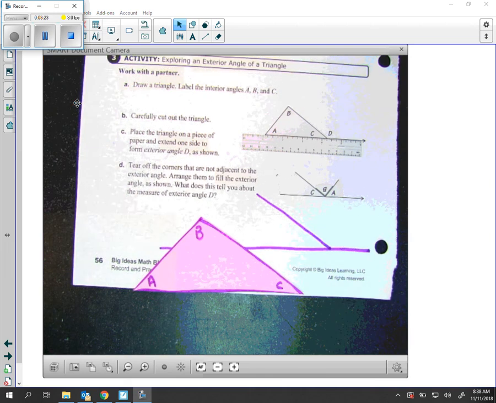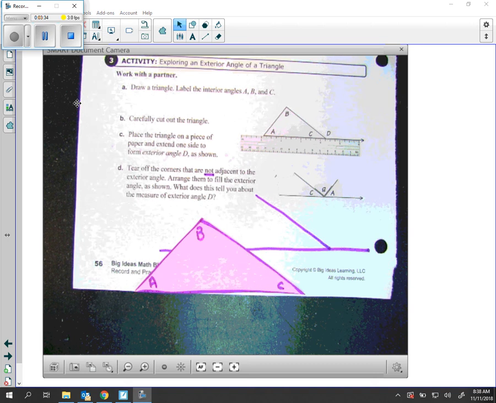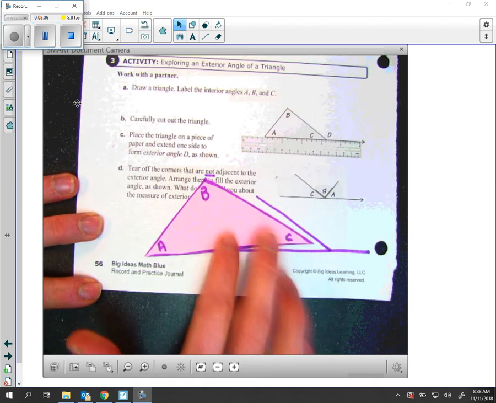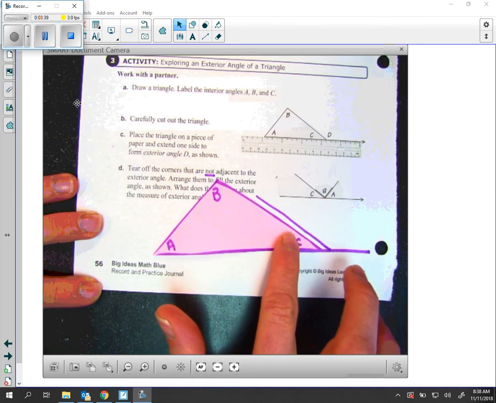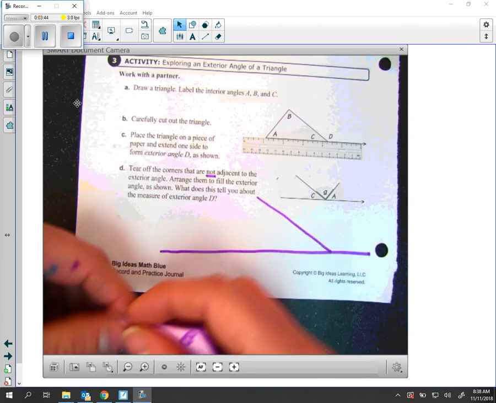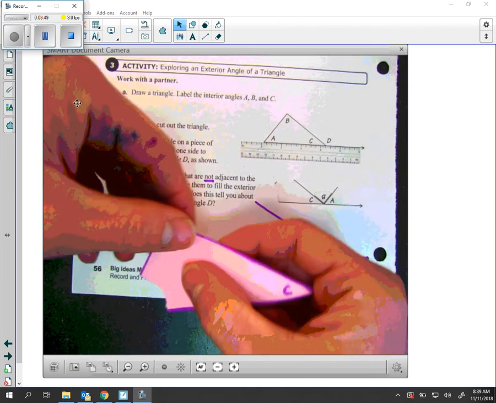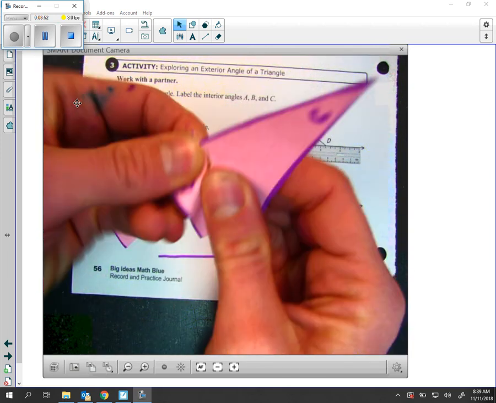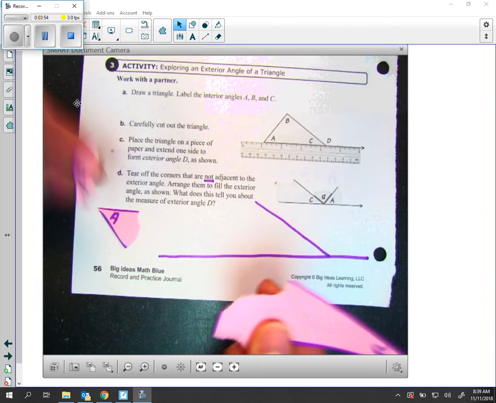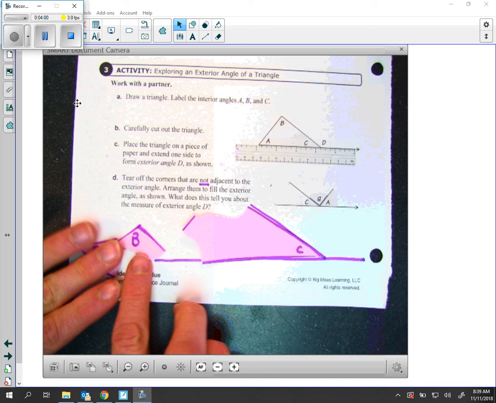Okay, so part D says tear off the corners that are not, so let's underline that, not adjacent to the exterior angle. So I want the angles that are not angle C. So I'm going to tear off angle A, and I'm going to tear off angle B. Okay, so I've got A and B that I tore off my triangle.